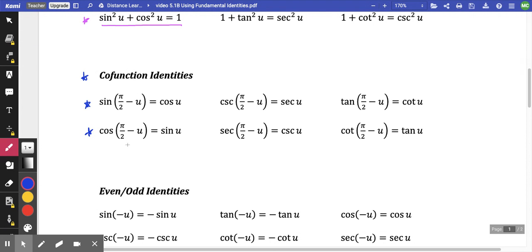So cosine of pi over 2 minus u is equivalent to sine of u. Cosecant and secant are co-functions also, so they have the same relationship. And cotangent and tangent are co-functions, so they have the same relationship also. So anytime you see within one of the problems that you're working with a pi over 2 minus u, or pi over 2 minus theta, or pi over 2 minus x, you should be thinking about these co-functions.